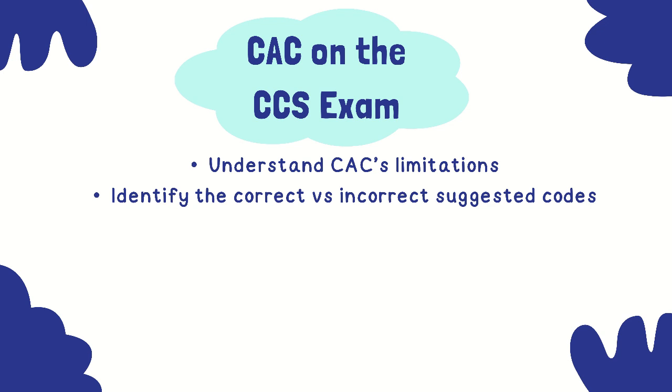So, on the CAC, I think it's important for you to understand how it actually works. It's used differently, right, in inpatient versus outpatient. In inpatient settings, CAC is looking for the principal diagnosis and procedure for that DRG.